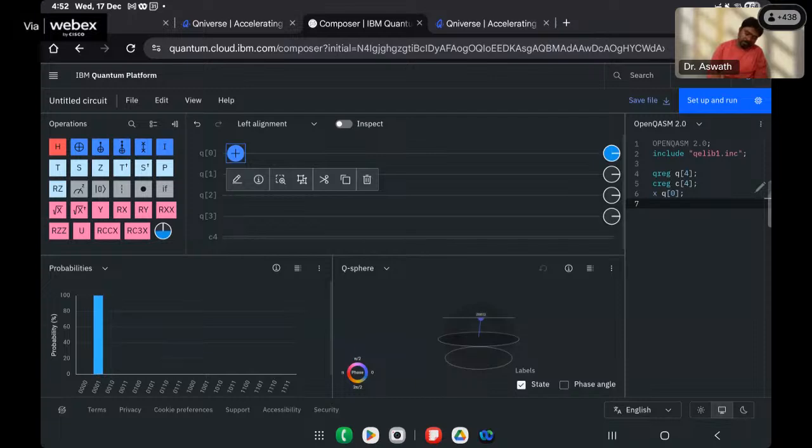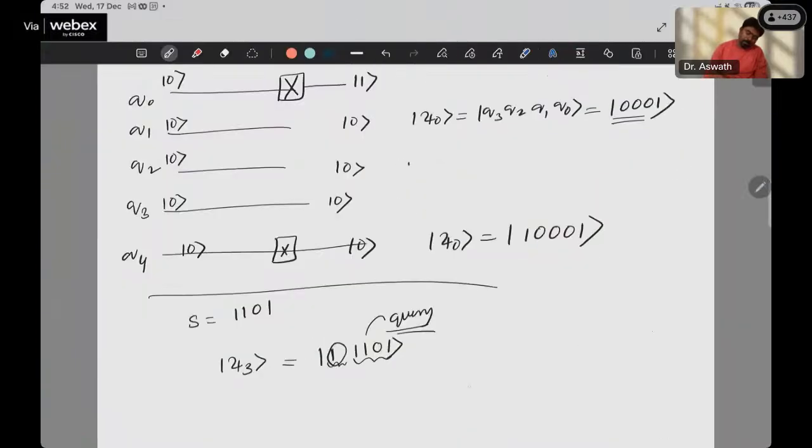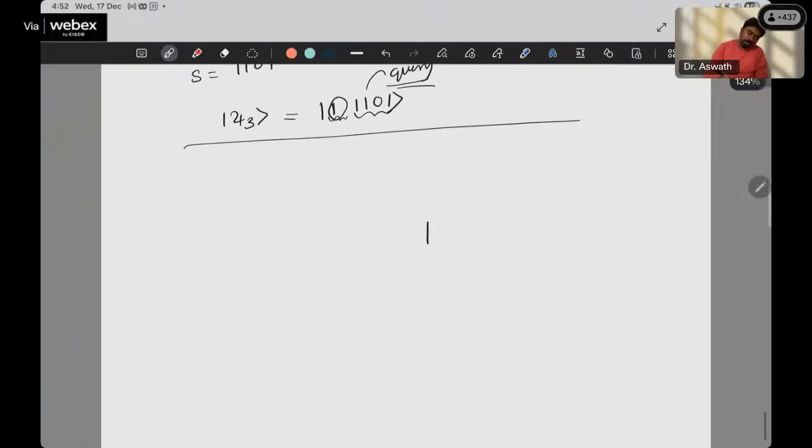This is also the same. So the topmost comes on the right and the bottom comes on the left. I hope you understand.